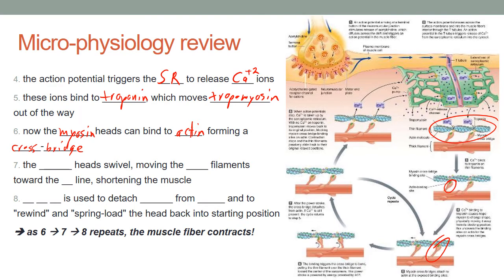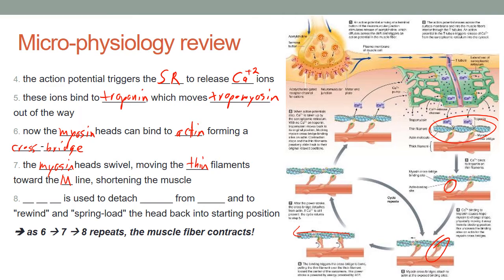The myosin heads then swivel, moving the thin filaments. See, the thin filament here is kind of lined up with the myosin. Here it's shifted towards the M line, towards the middle of the thick filament. And as all of these thin filaments across the entire muscle shift towards their M lines, that causes the entire muscle to get noticeably shorter.